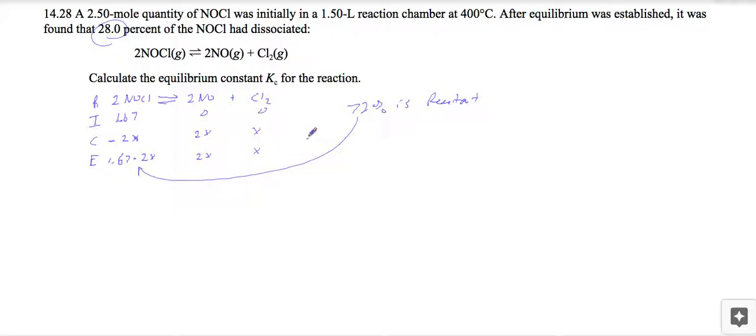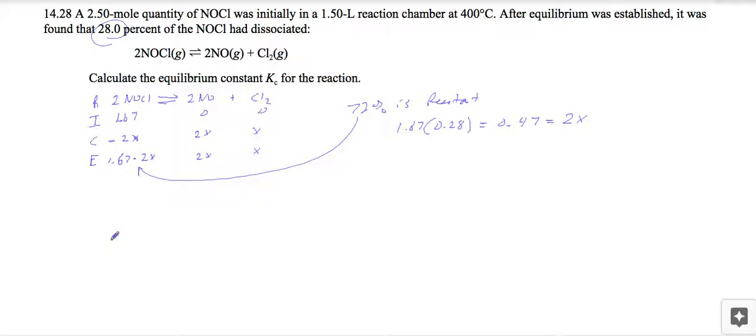And it turns out that we have 1.67 times 0.28. That's how much it goes away. So we're left with that is equal to 0.47. So it dissociates that much. It goes away that much. And so this is actually going to equal 2x.